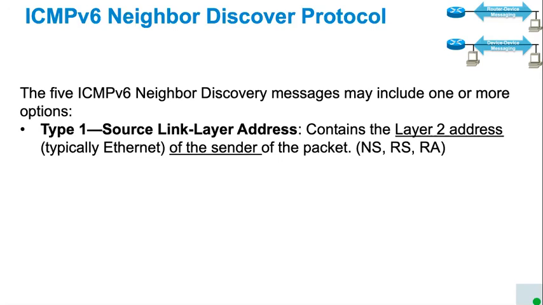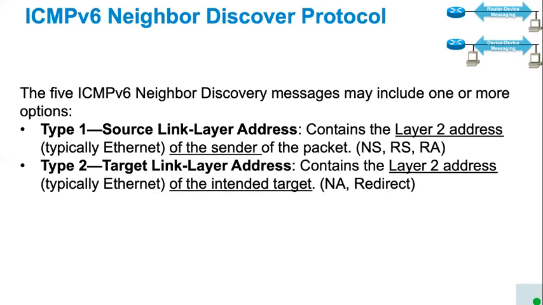A type 1 field message is kind of a sub message within the ICMPv6 neighbor discovery. Type 1 means that it also contains the layer 2 address of the sender. Okay, we'll see when that's used. Type 2 is the target link layer address, so it contains the layer 2 address of the intended target.